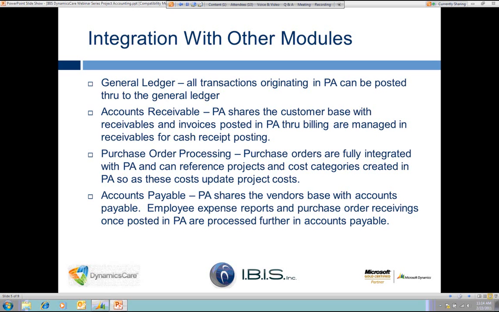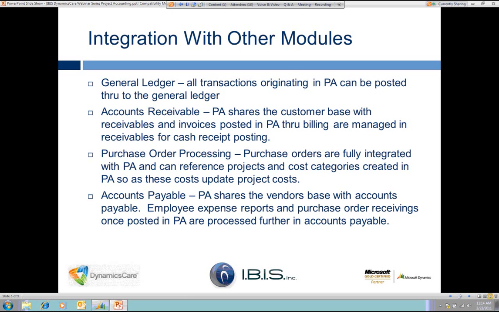For example, a cash receipt, or if for some reason I have a collection issue with this invoice, that invoice now resides over in accounts receivable, but that history is over in my project in project accounting.